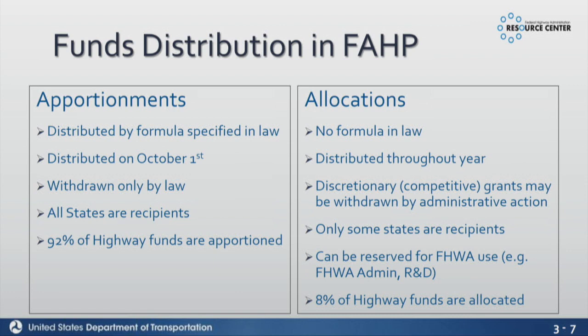Sometimes we work specifically with a state on the research side. In the past, we've done some equipment loan demonstration programs where we've given money to a state to buy a specific piece of equipment, generally on the paving side, to use on the road, and then report back to us how it's working, essentially doing research for us, collecting data.